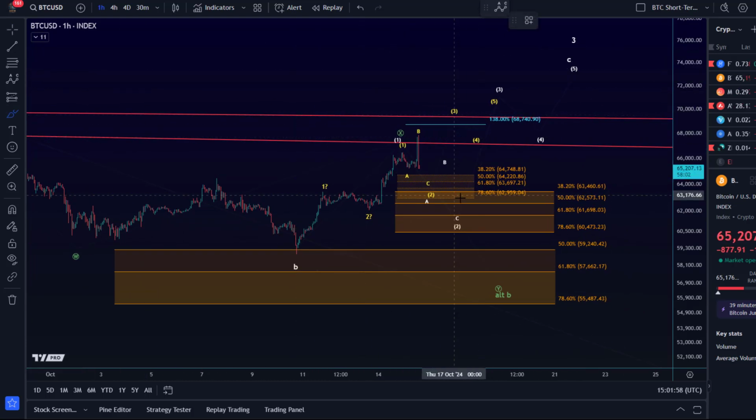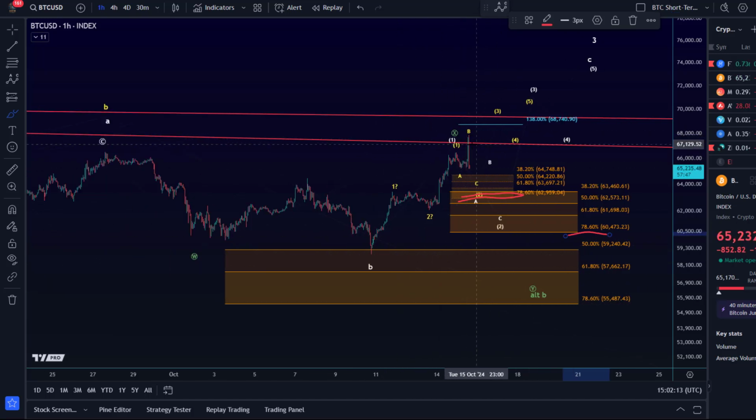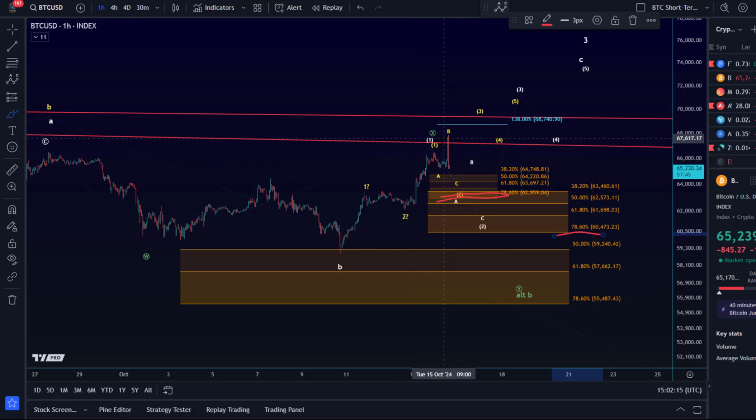So 62,960 is the first key level for the yellow count. Below that, it's at least the white count, a larger wave 2 below 60,473. It might actually still be the green count, which I've already removed from the daily chart, but it might still be it. But then this support area will come into play.